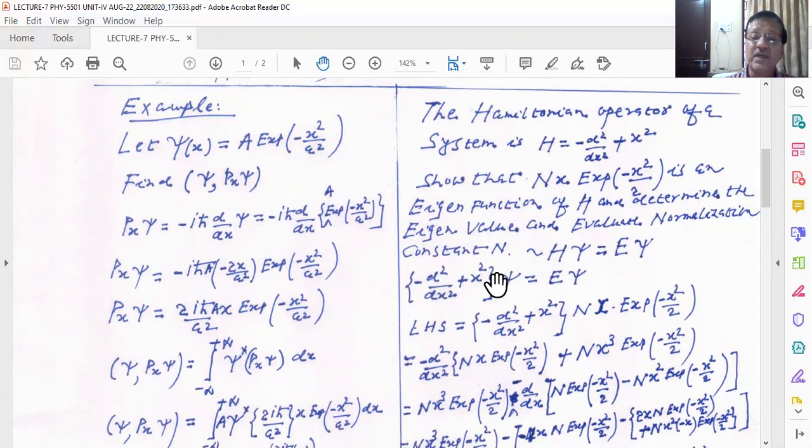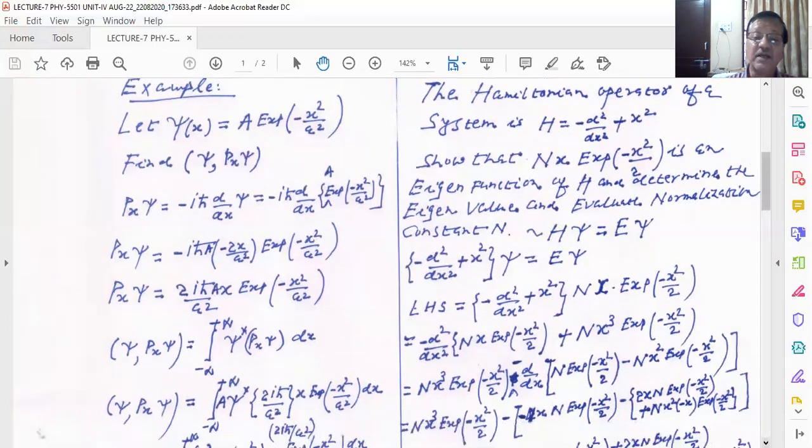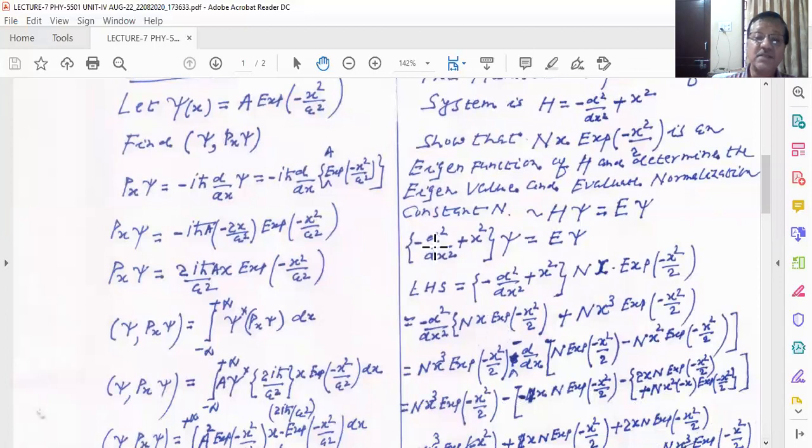So now we take the left hand side. This is the equation, right? If this is the eigenfunction, this equation will be justified. So I take the left hand side. The left hand side is minus d square by dx square plus x square, and it is operating on psi.